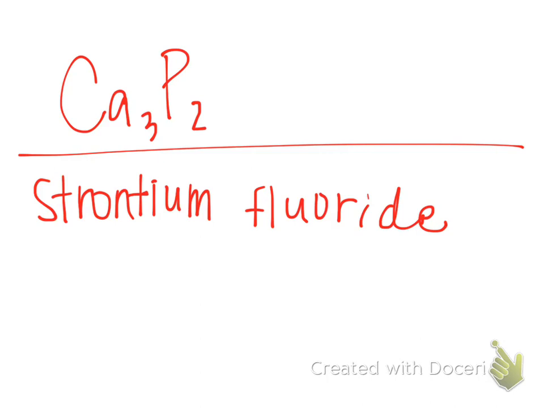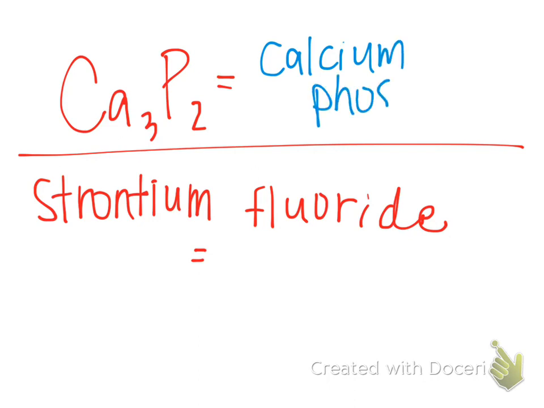So on the top we want the name, and on the bottom we want the chemical formula. Calcium phosphide. Calcium phosphide. Perfect. Do we agree? Yes. Okay, good.